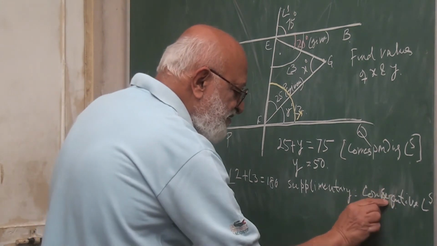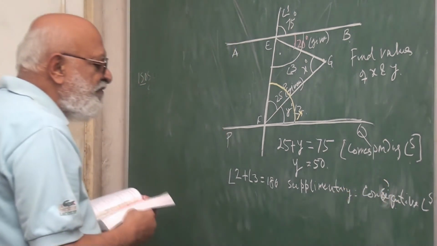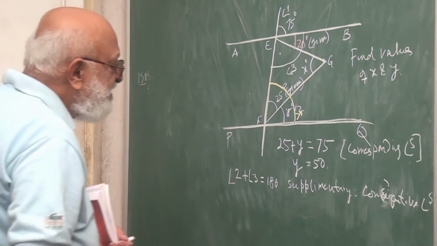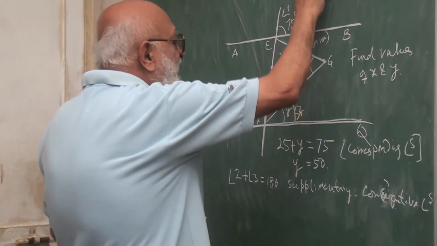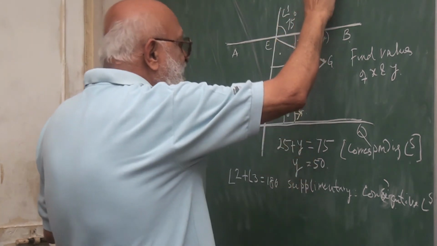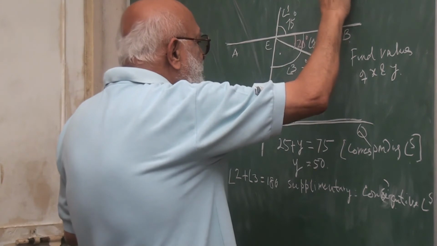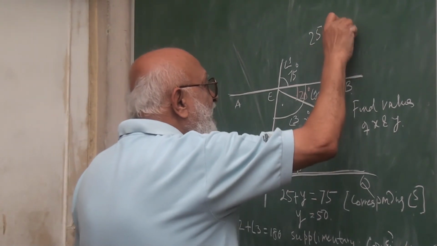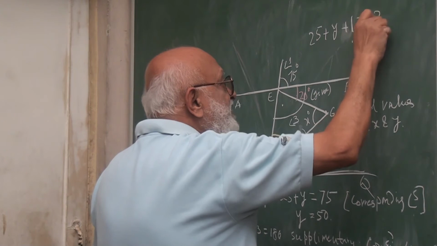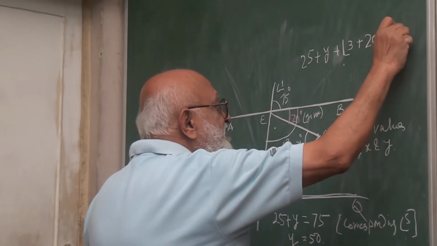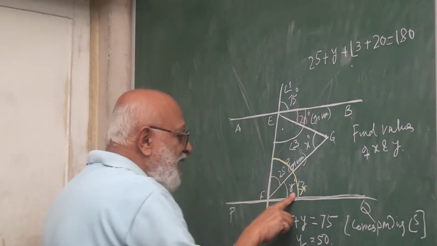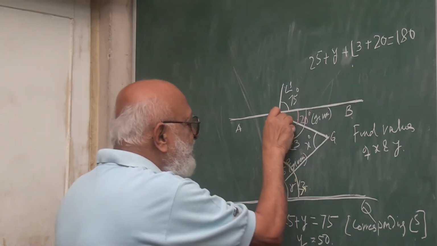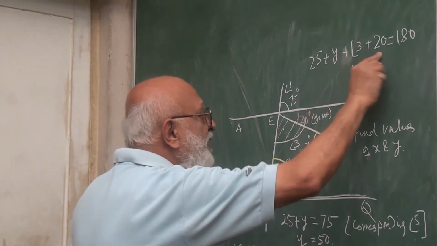So I can say 25 plus y plus angle 3 plus 20 is equal to 180.